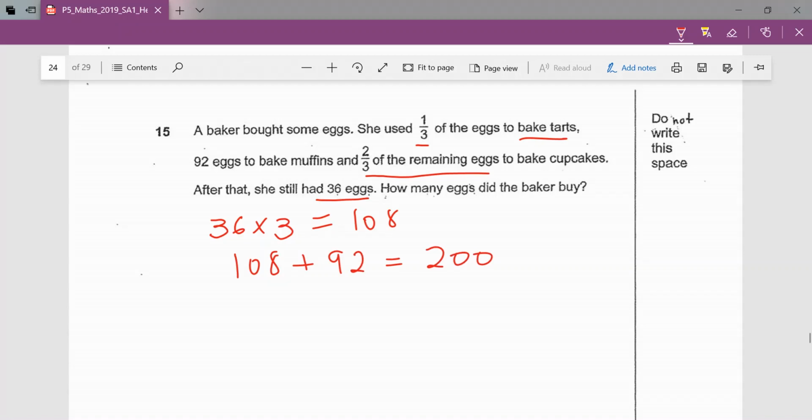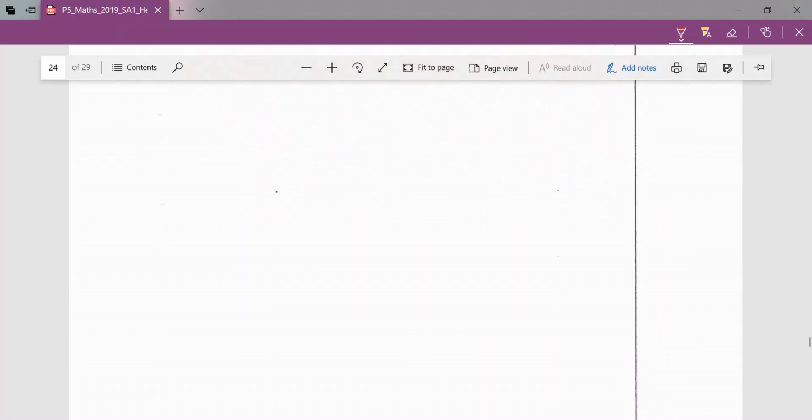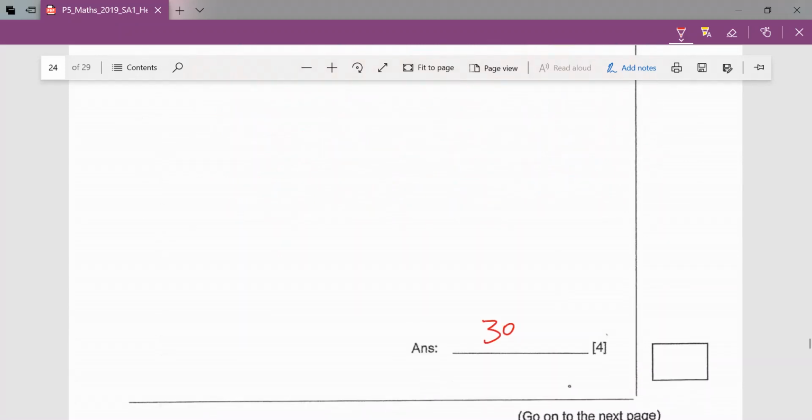This is 2/3 of the total. So 200 divided by 2 times 3, this would be the total, that's 300. Answer is 300 eggs.